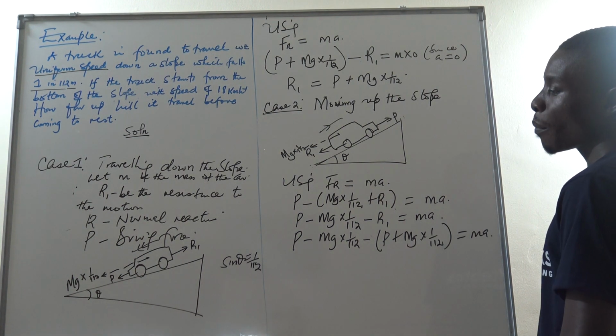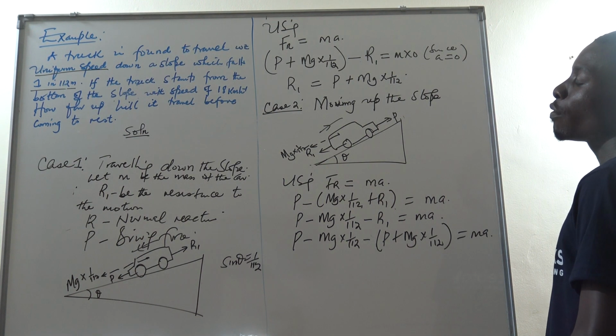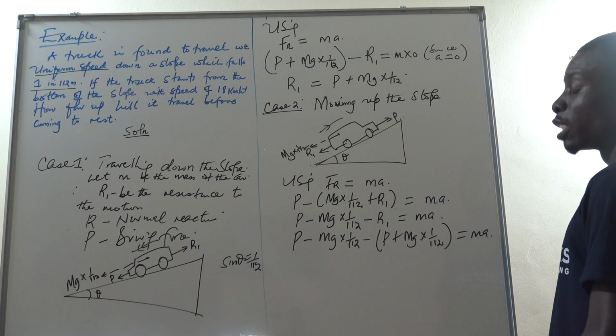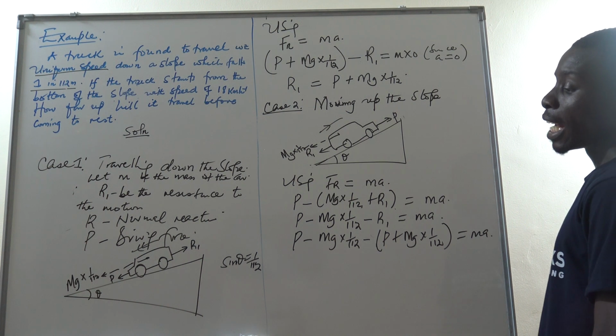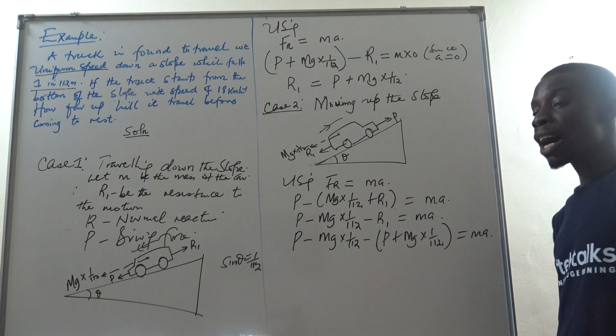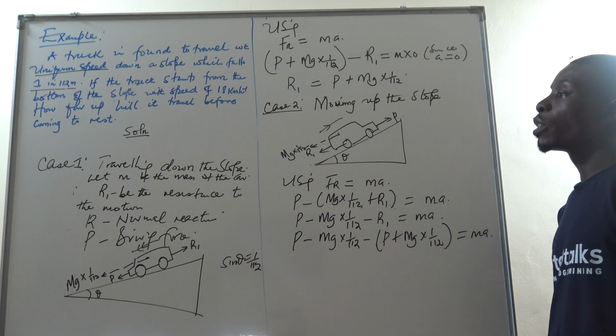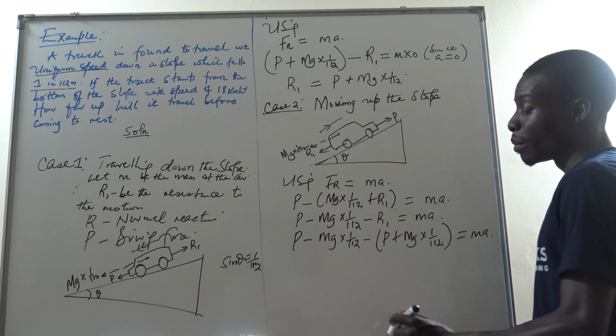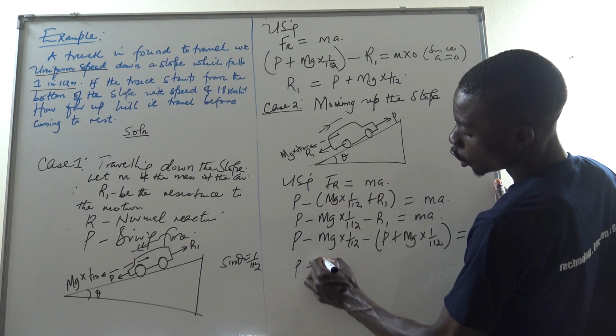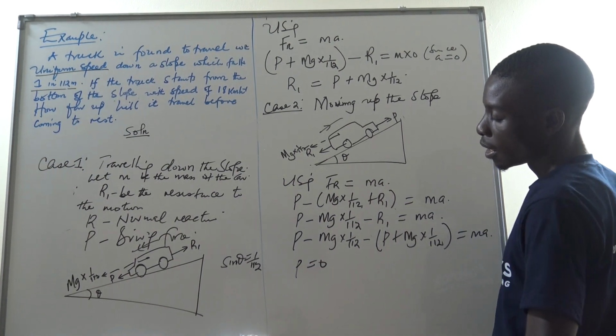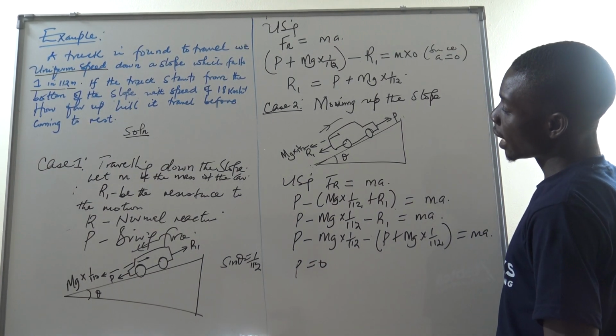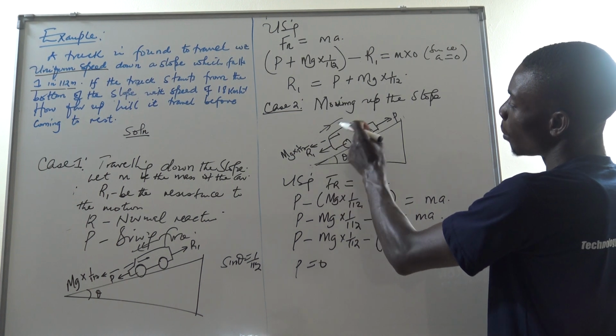So why is it coming to rest? That means that we are having no driving force. It is moving against resistance, and that is why it is coming to rest. So that means that P will be equaling to 0 in that case. Because we are saying that the car will start traveling here but it's going to come to rest.